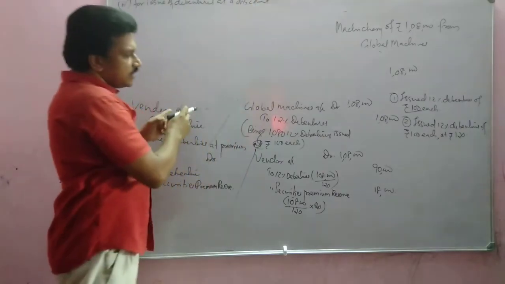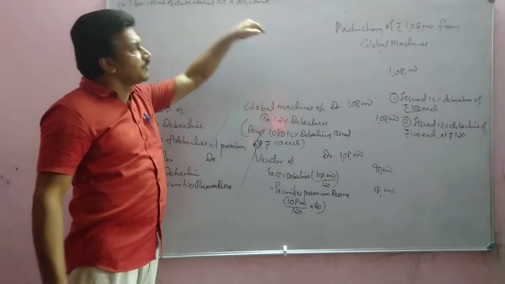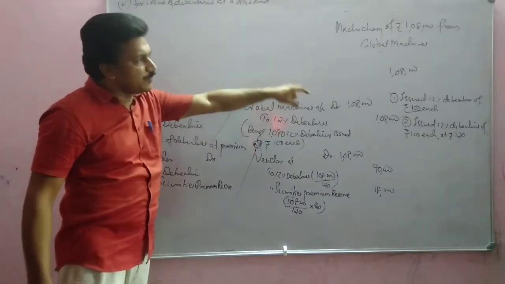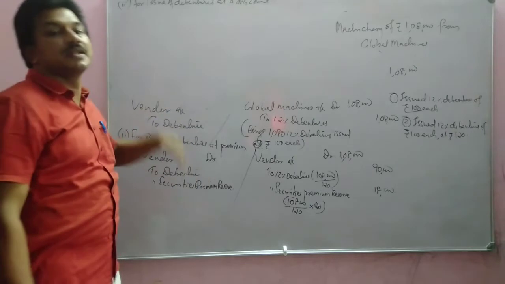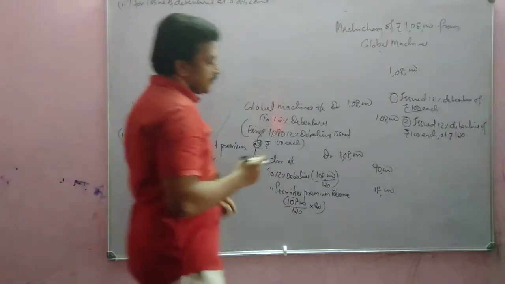That means we purchased the machine from Global Machines. For the value of machine, we are issuing debentures to them at a discount. So at that time, what will be the journal entry?